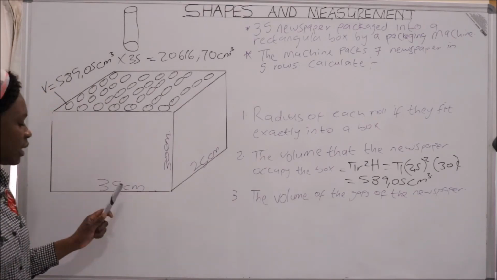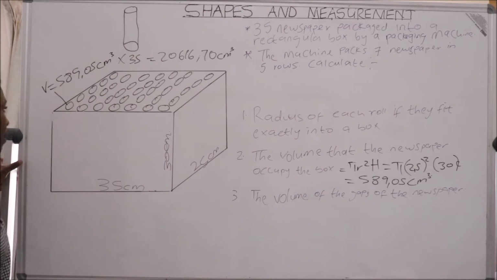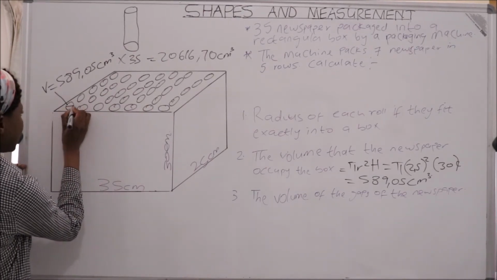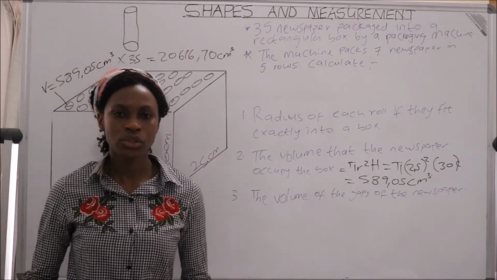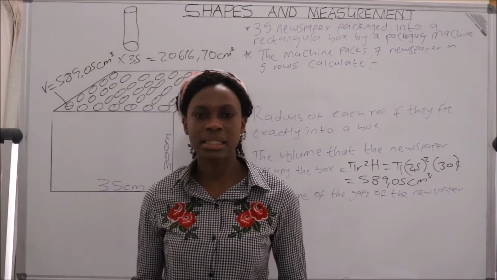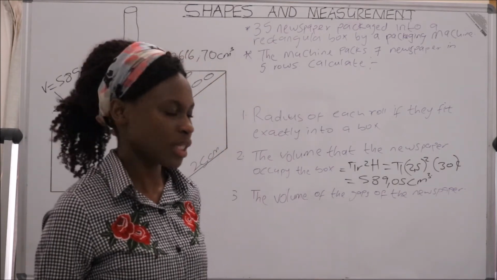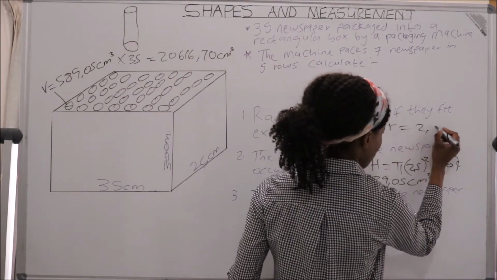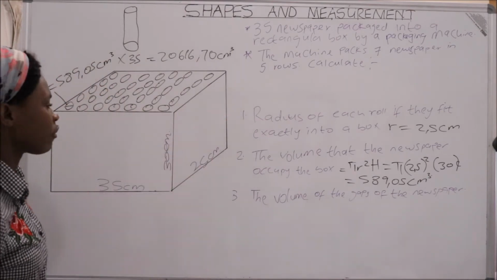After dividing that, we got 5, which gives us the diameter. As you can see, guys, 35 divided by 7 gives 5, and that is the diameter of the roll. To get the radius, we divide the diameter by 2, and in this case we got the radius as 2.5 centimeters. We calculated it on the other side of the board.